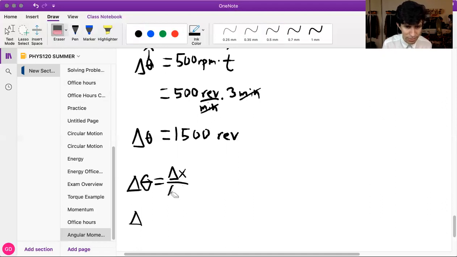Wait, there's something wrong. Radius. Let me redo that because I'm going to put capital R just so it's easy to see. So it's like that.